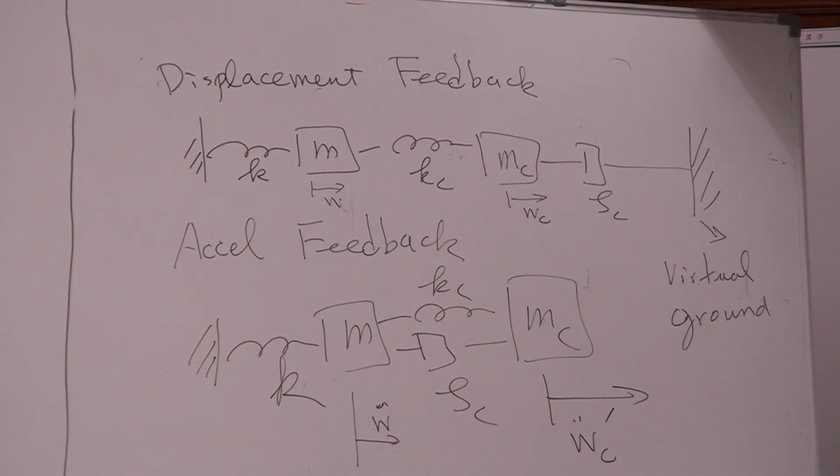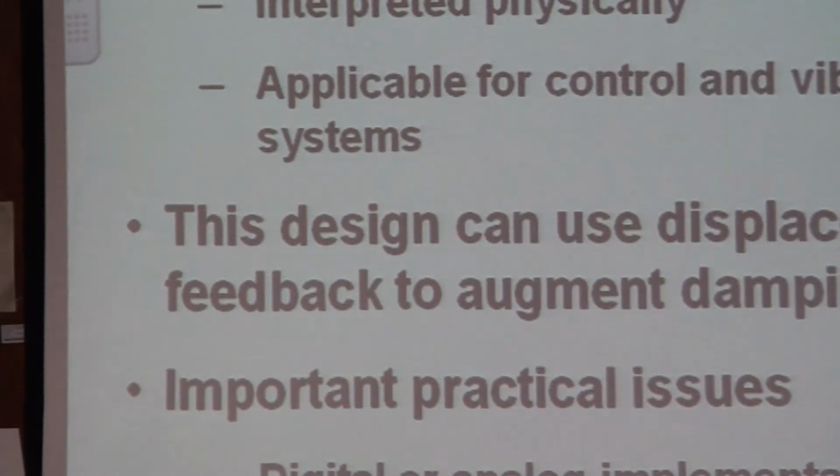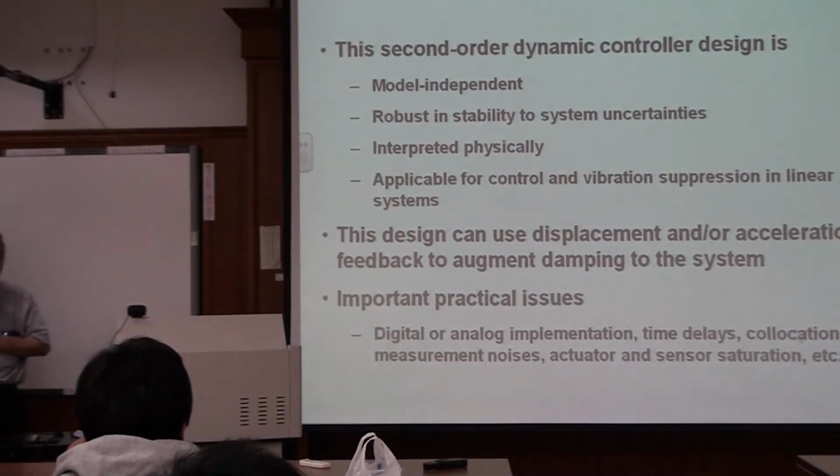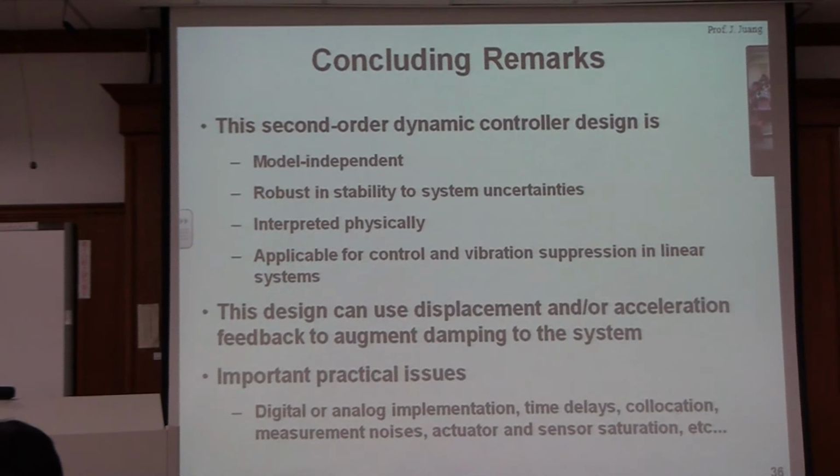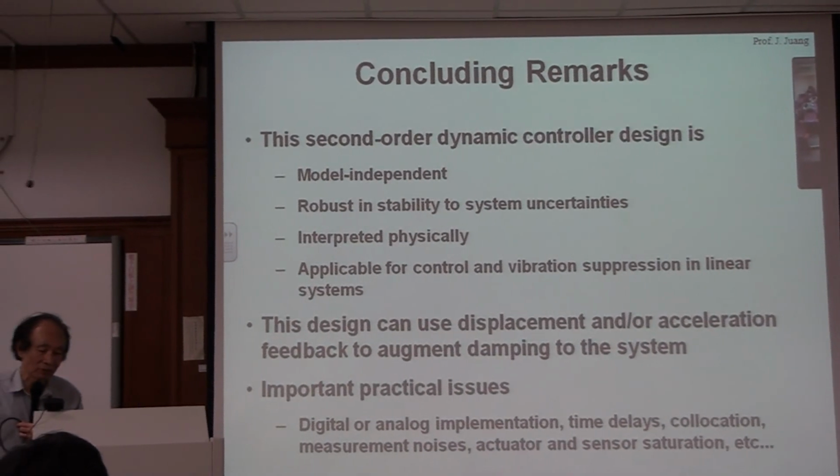The important practical issues here, I taught you already: the digital or analog implementation has time delays. Also that you have some collocation. If you have collocation, you have no problem. Measurement noise: if you have a lot of measurement noise, you might have a problem. Stability maybe not, but you do have some problem. Your performance may not be good. And you also have actuator and sensor saturations.